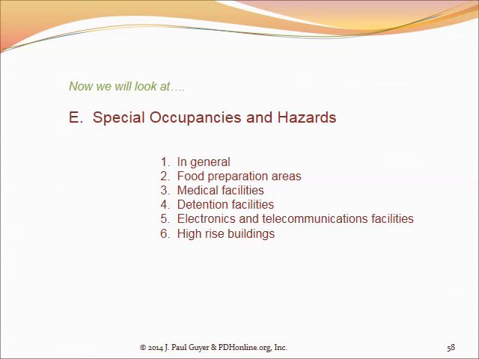Detention facilities, jails, and prisons are also a significant special occupancy because of the nature of the occupants and the hazards. Electronics and telecommunication facilities are a very important occupancy. And then finally, high-rise buildings have special needs. So I'll have a few comments on all of these.